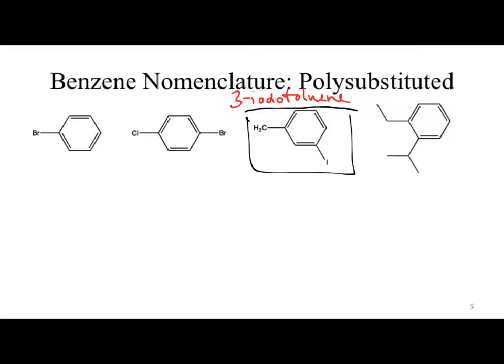We said 3 because our toluene starts there: 2, 3, 4, 5, 6. Our iodine is at position 3. We could refer to each of those individual positions as we named something.